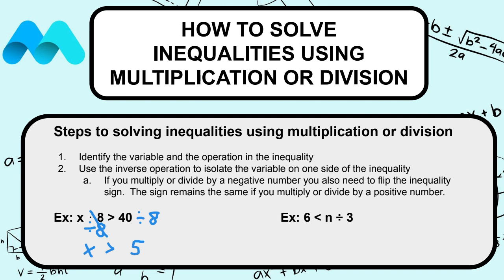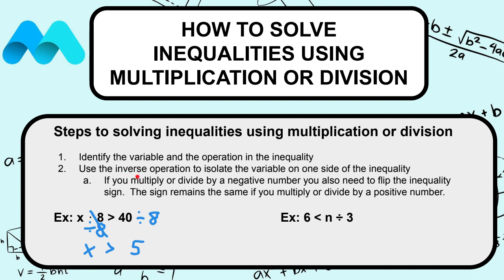Now, let's look at our second example over here, which is 6 is less than n divided by 3. And what we have to do here is the same thing. We're going to follow our steps. So step 1 is to identify the variable, which is n, and the operation, which is division. Now we go on to step 2.